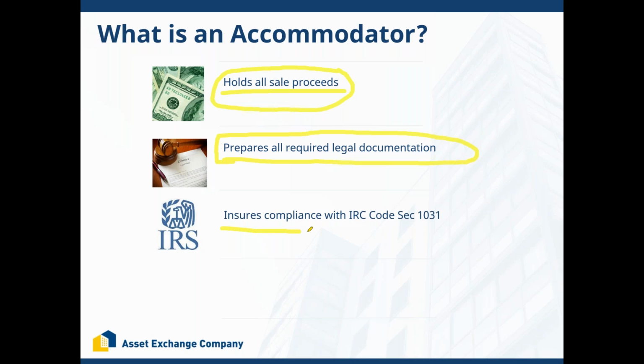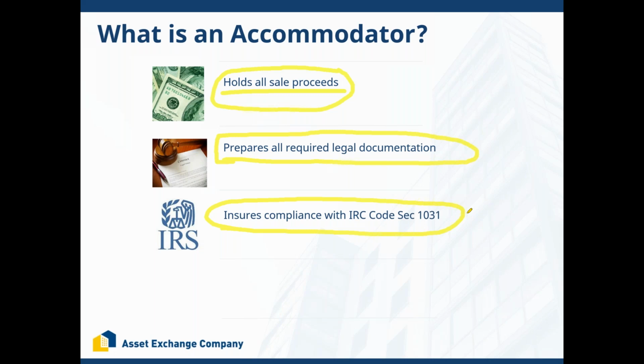And finally, we're going to make sure that you or your client is in compliance with all the rules and regulations set forth in the 1031 exchange guidelines. There is a ton of stuff that can foul up a 1031 exchange, and we're going to make sure that doesn't happen, because if any of those little things get tripped up, you could owe hundreds of thousands of dollars in taxes.